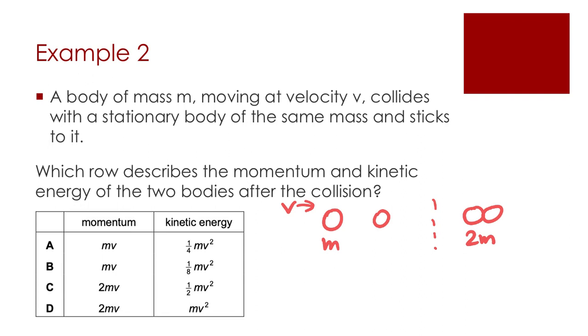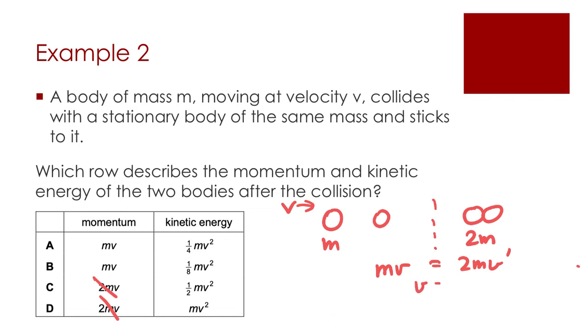Well, we know that momentum has to be conserved. So if I have m times v for momentum beforehand, afterwards 2m times v prime, with this prime being the speed afterwards, are going to have to be the same. So we know the momentum is going to still be m times v. Now let me just rearrange that.